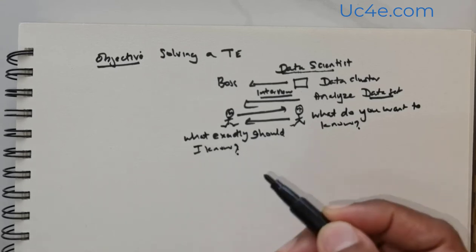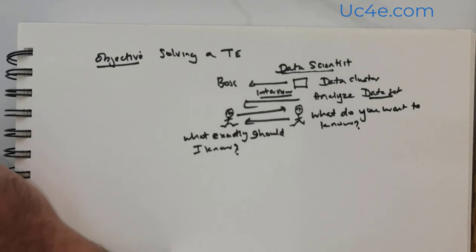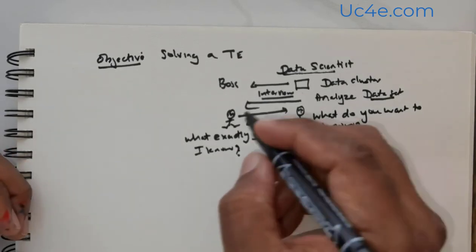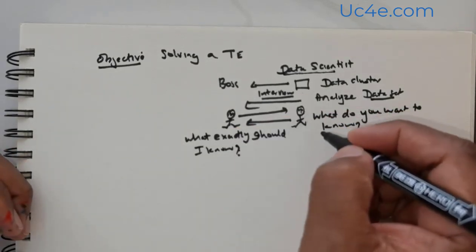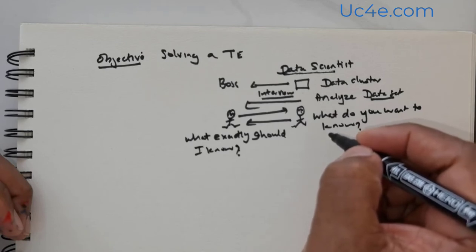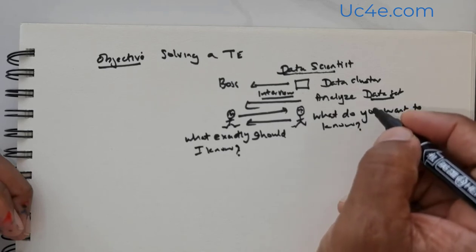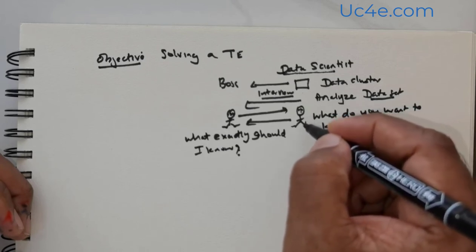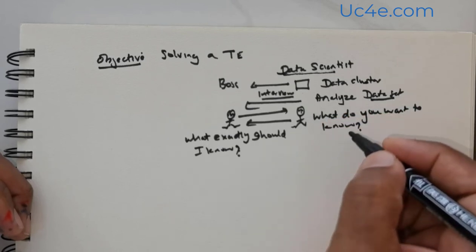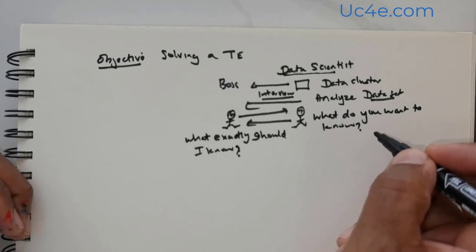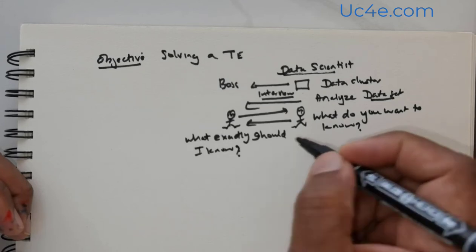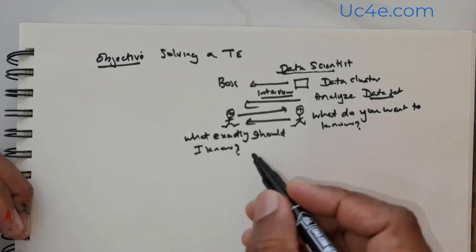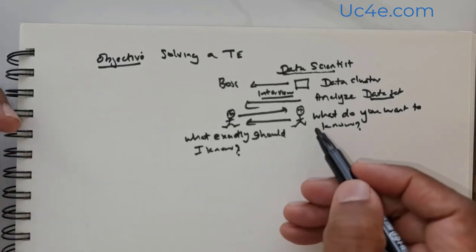Are you following the pattern here? Let me reiterate. The boss wants to employ this data scientist, and so he gives him the data set and tells him, analyze. The data scientist looks at the data set and tells him, what exactly do you want to know? And the boss tells him back, that is the reason I'm going to employ you.